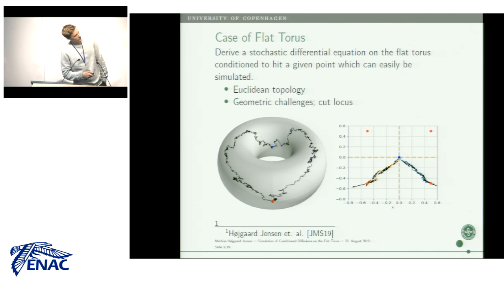The right image is how you should actually interpret it in two-dimensional space. So you have the two paths here, and the dotted line here is the cut locus, and then you have the torus in this case, and this is just the lift to the Euclidean case.